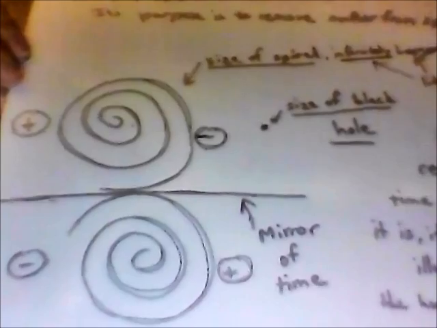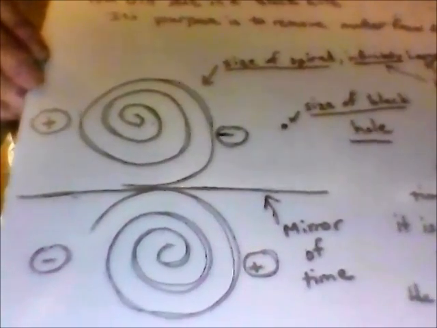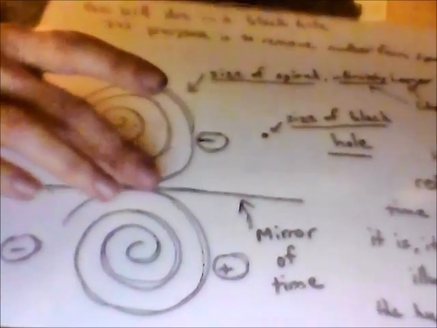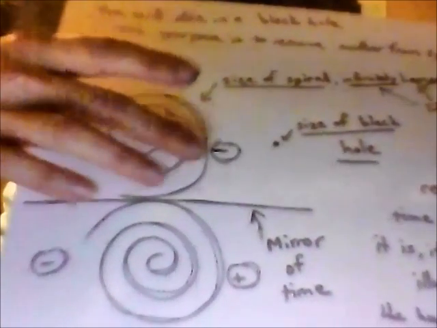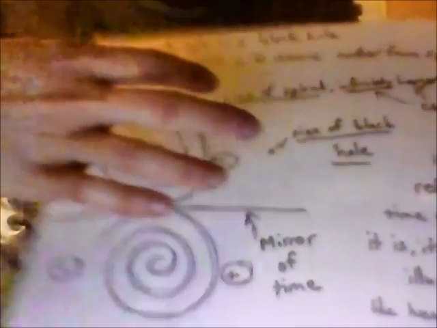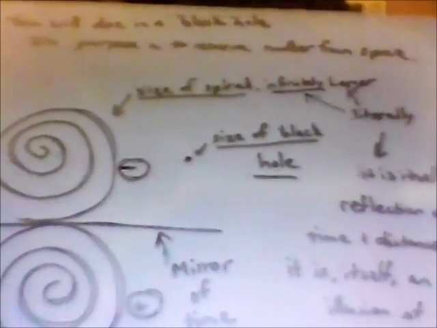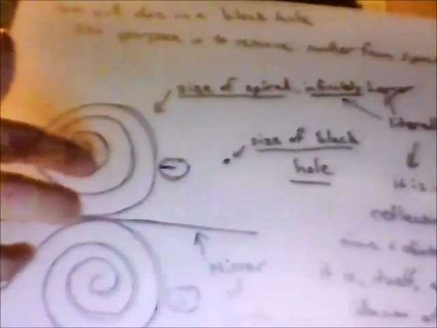Alright, you see that says mirror of time there, and this is the diagram that explains so much. I was trying to show you the size of a black hole is very tiny, but in comparison to the size of the spiral, which is literally infinitely larger, because it is a reflection of the infinite universe.